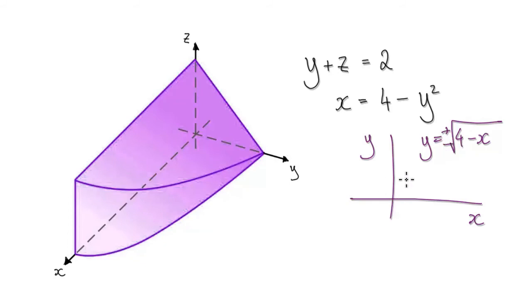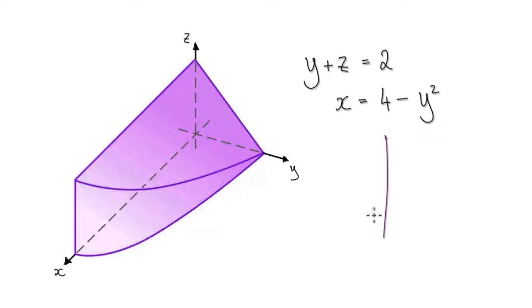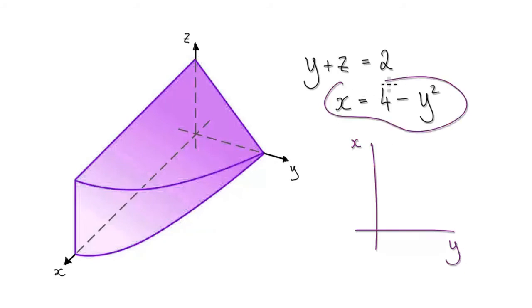But this seems a bit complicated. So instead of drawing our y-x graph, let's draw our x-y graph. Now this is easy to draw: intercept of 4, negative quadratic. So it looks like this.